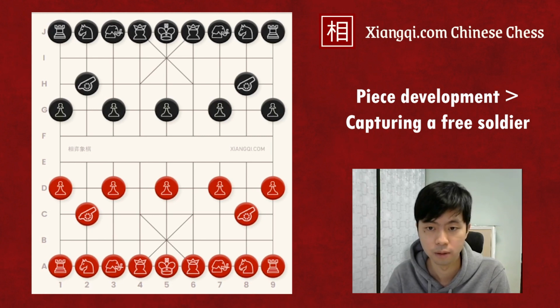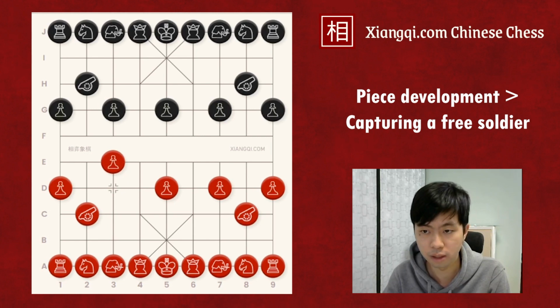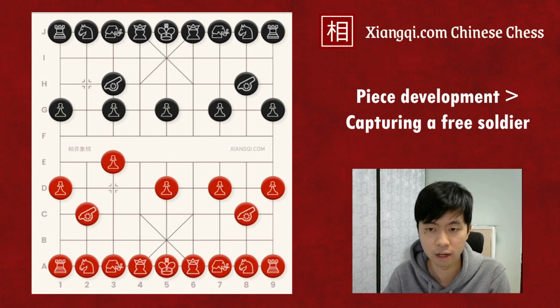For example, in the soldier's opening, after red moves up their soldier, black may move their cannon to h3, and then red moves their horse to c1. At this point, even though there is a free soldier available for black's cannon to capture, it is recommended to prioritize piece development instead.